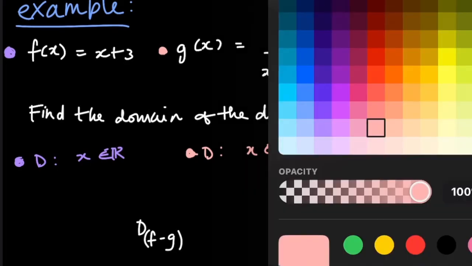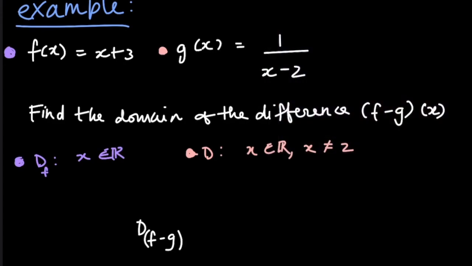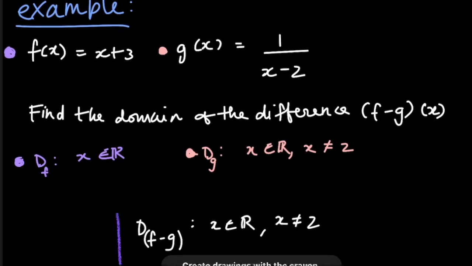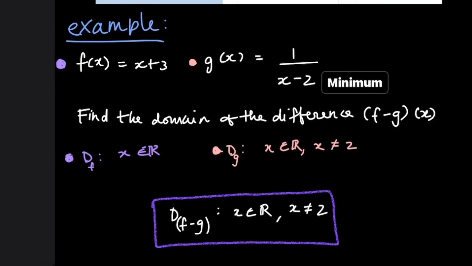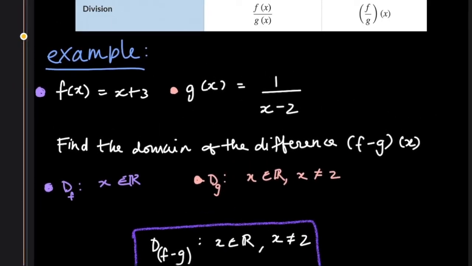So therefore, we can take that as domain f and that as domain g. The domain of f minus g would be x is all real numbers, but x cannot be 2, because once again, that is the common factor between them. This question didn't ask us to actually subtract the two functions, it just asked for the domain, so that is what we had to do. And that's basically it on operations with functions. Thank you.